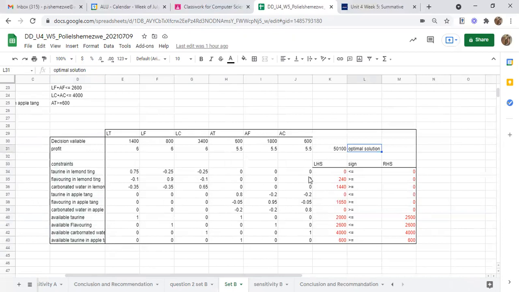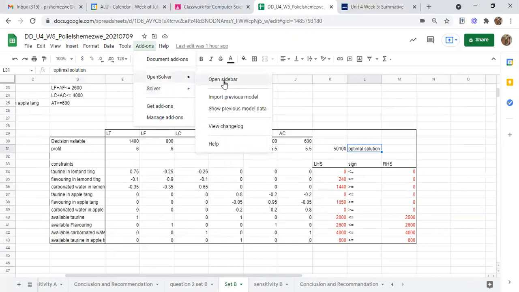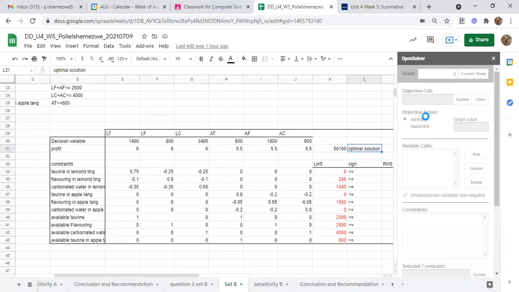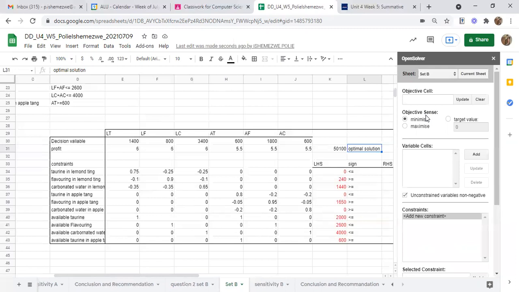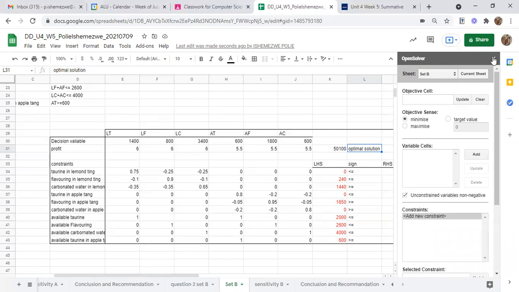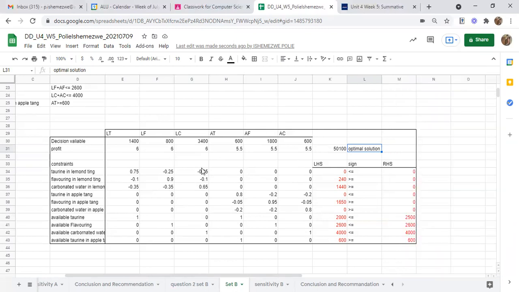After using the solver, we come up with the solution. We conclude by detailing what is required in order to meet our objective here.